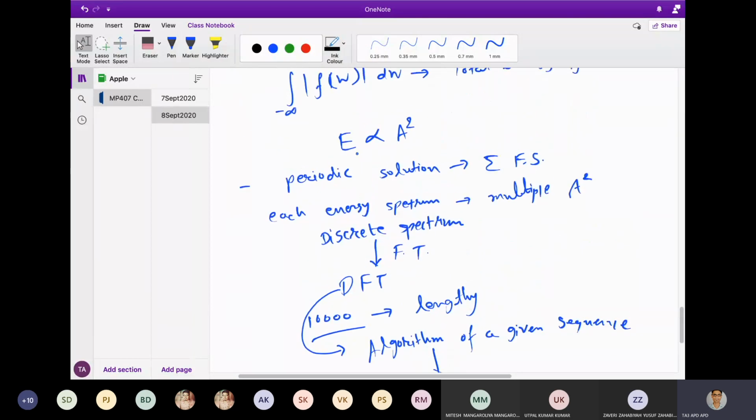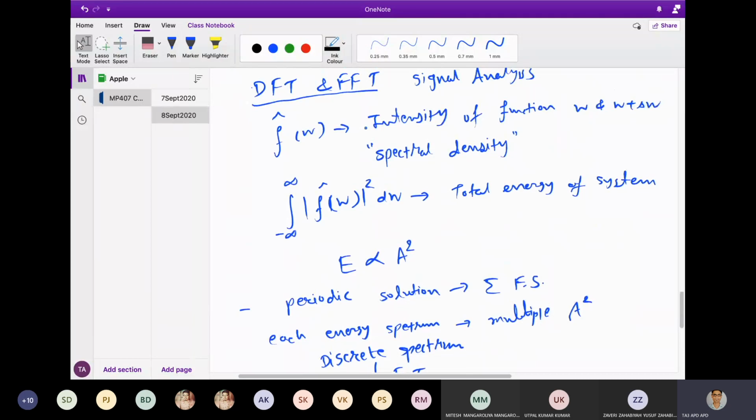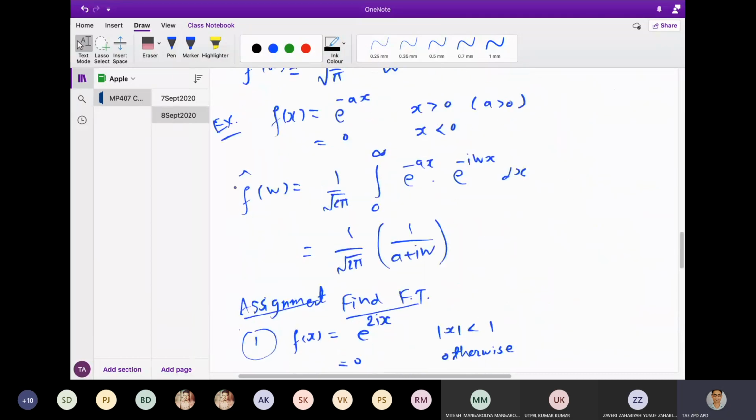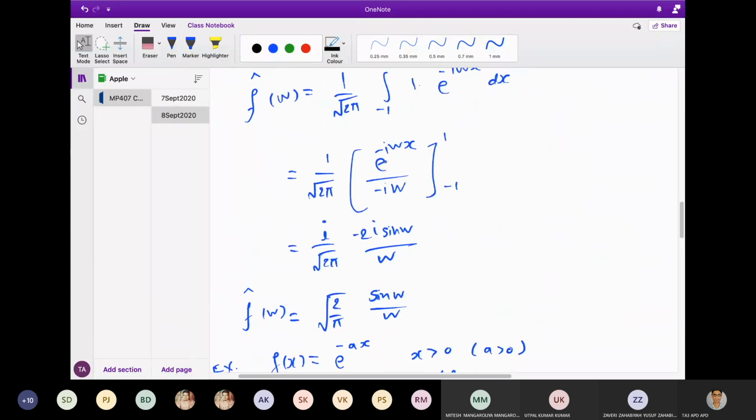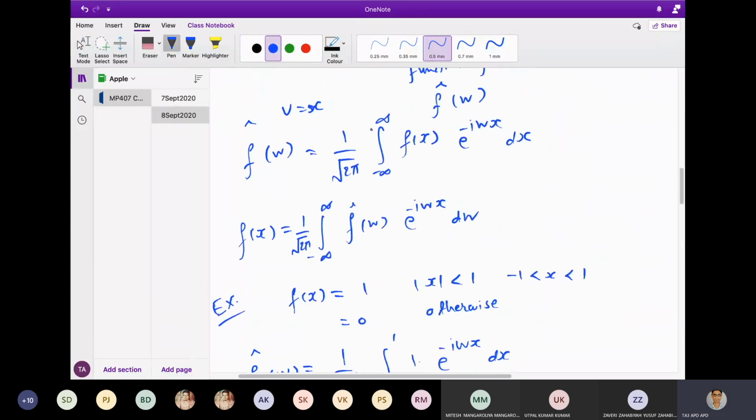Now, so far what we have done is simply mathematical; we came up to this formula of the Fourier transform. Now, one can get an intuitive idea of how this Fourier transform is useful in analyzing a signal, by understanding in small steps the physical interpretation of this whole Fourier transform.